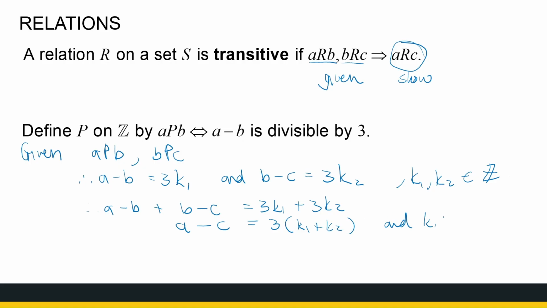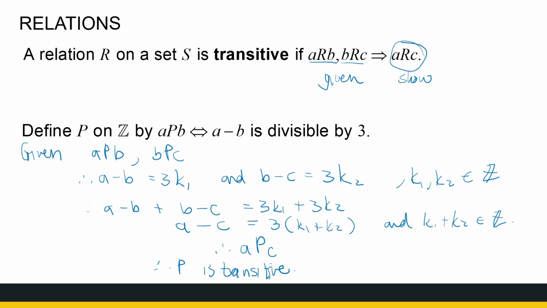Yes, and I know that K1 plus K2 is also an integer, because the integers are closed under addition. So I can write A minus C as a multiple of 3. So A minus C is divisible by 3. So therefore I've shown APC. So therefore P is transitive.